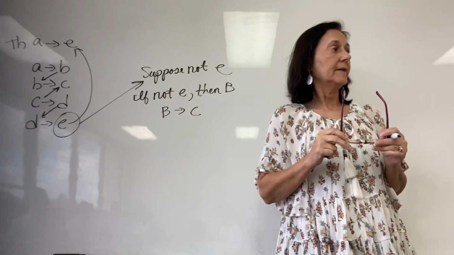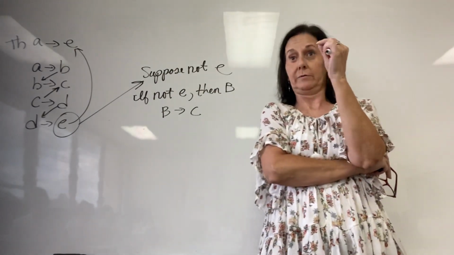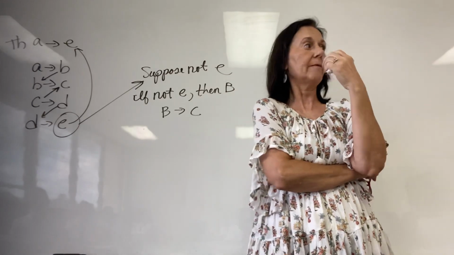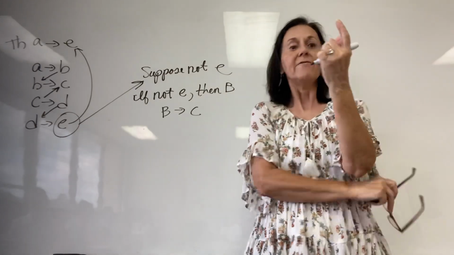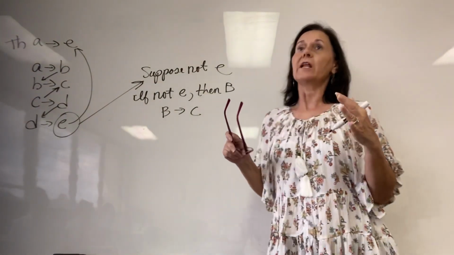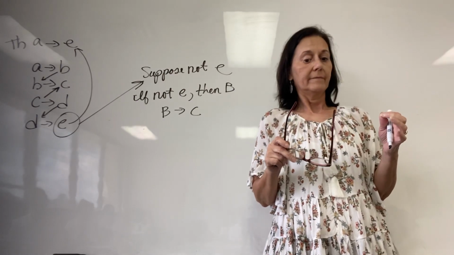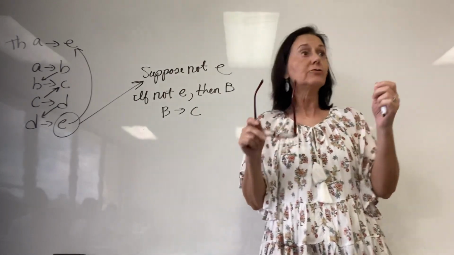Like, if I'm trying to prove some value is an even number, in that proof that I wrote, if I would have ended up with something that I know was an odd number, then there would be a contradiction.